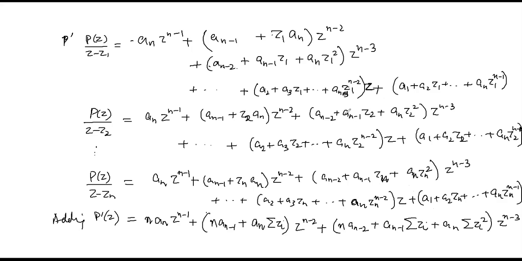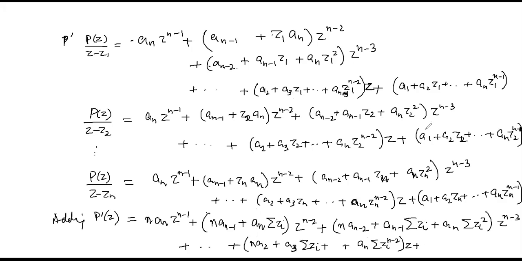Right. Continuing in this way, our work is quite long. Okay, what will come at the last? Let's look at the second last. The second last would be n times a2, I hope so, n times a2, then plus a3 into summation zi plus, continuing in this way, plus a n into summation zi raised to power n minus 2, whole multiplied by z.